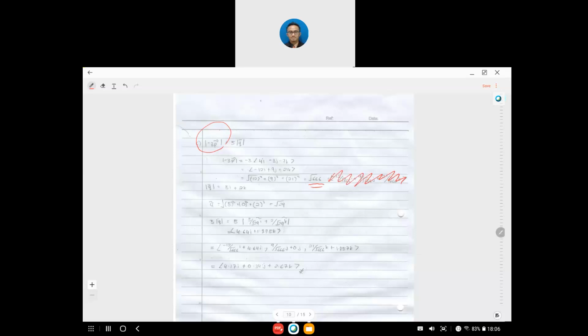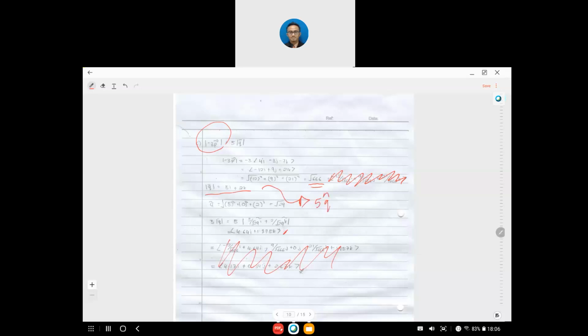Where is this? Where is its magnitude? This Q. Okay, 5Q.